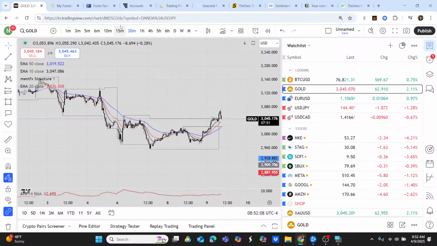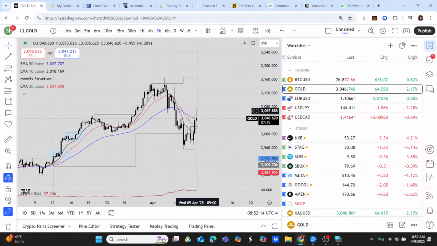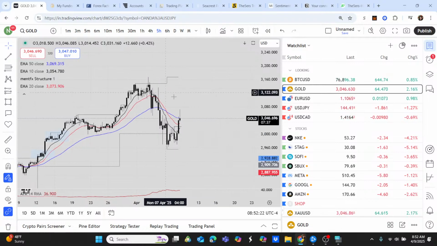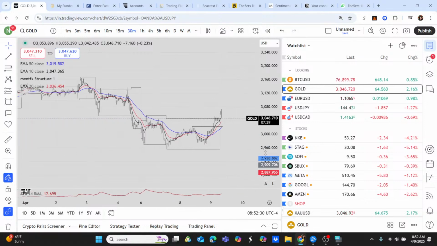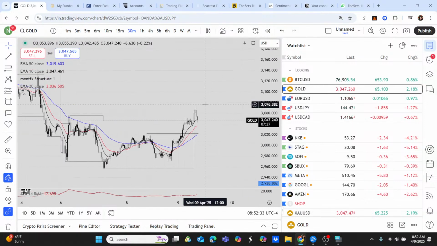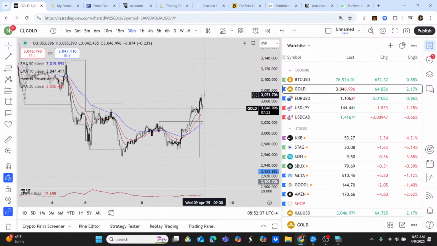Even though it accumulated out of this area, I could wait for more of a start of the cycle, more of a move pushing higher. It could start moving sideways in this area, which wouldn't be good for any lower time frame traders. And me personally, my edge comes from looking to catch a trend. I'm not going to get it all the time, but yeah.